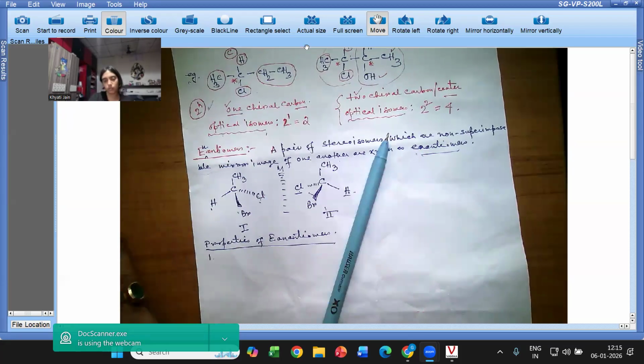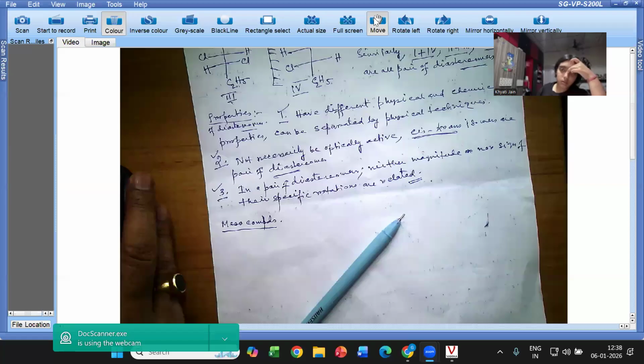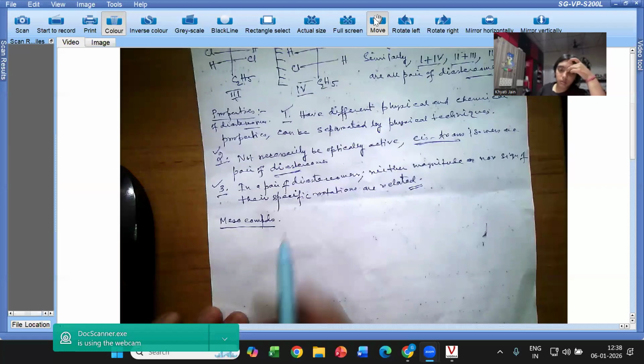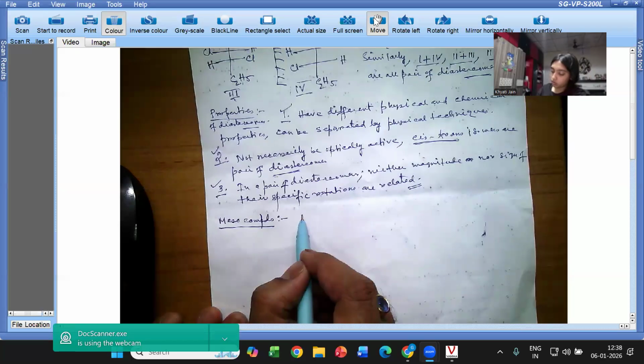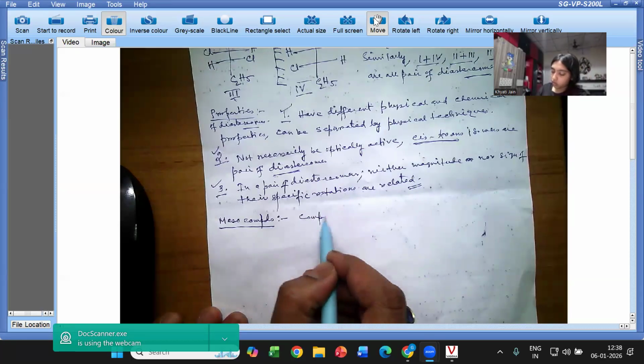Okay. Next is the meso compound. What is a meso compound?